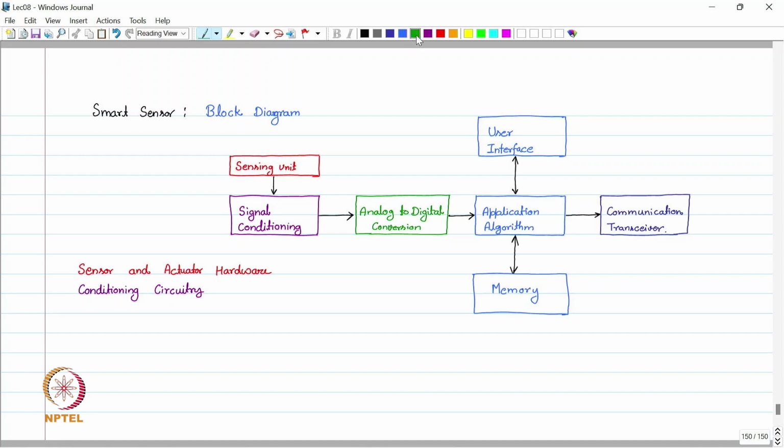Then we have the microcontroller. And we do multiple processing in this.